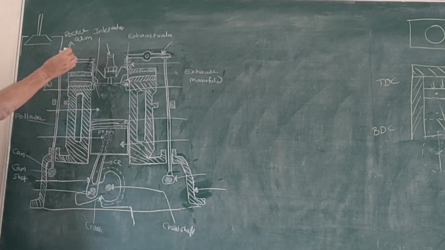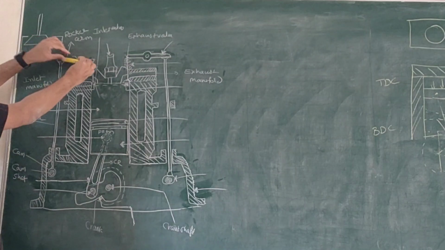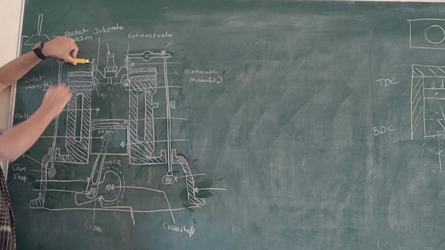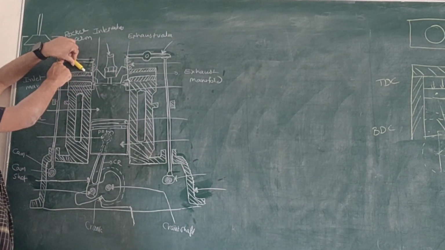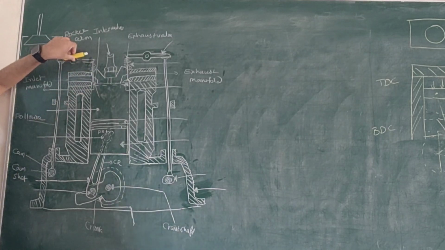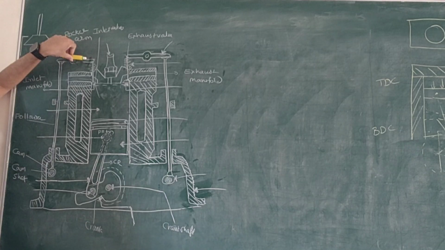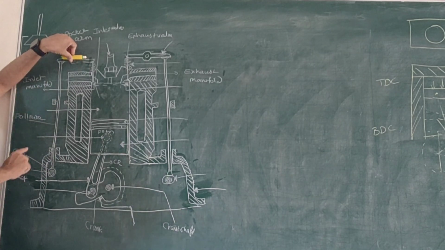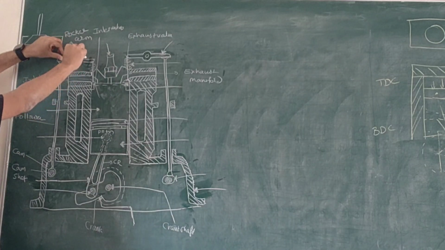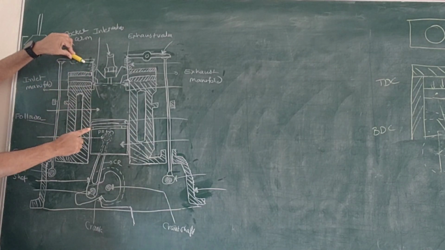See, here this is the rocker arm which is hinged at the middle. It is like this. If you move one end downward, the other will move upwards. Because of the action of the cam, when the cam moves upwards, this end of the rocker arm will move upward, and this end will move downwards.